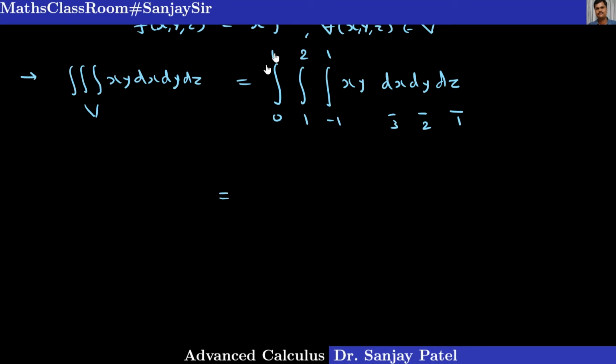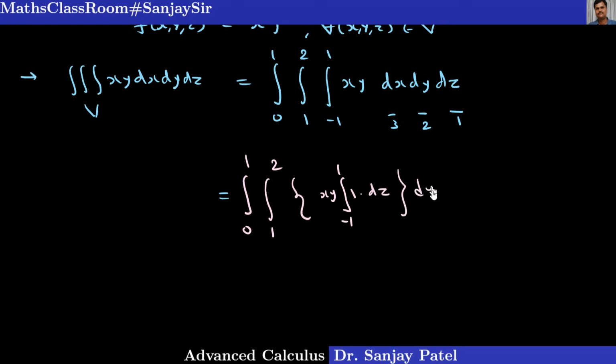So this is equal to integral 0 to 1, integral 1 to 2, and then I can write integral -1 to 1. X into y is constant, I can keep it outside, and 1 dz, then dy, and then dx.